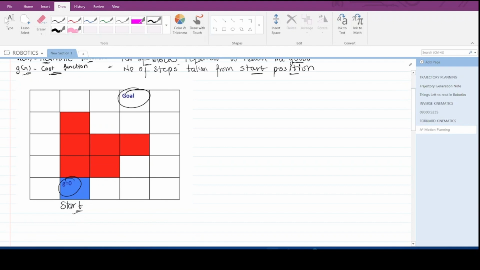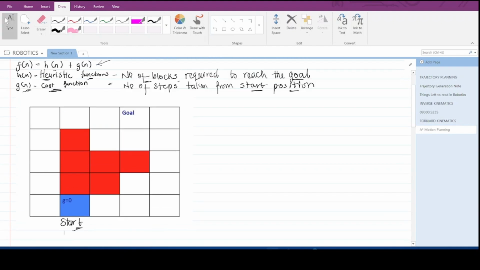Now we are going to iterate through the blocks to get our h(n) and our g(n) for each block. So this is the start position. Our g is equal to 0 because g is the number of steps taken from the start position. We haven't taken any step, so g is still 0.